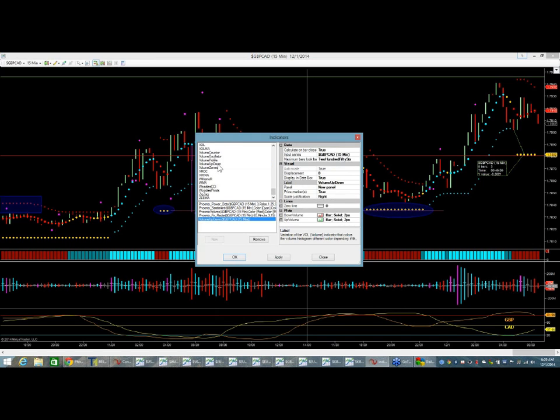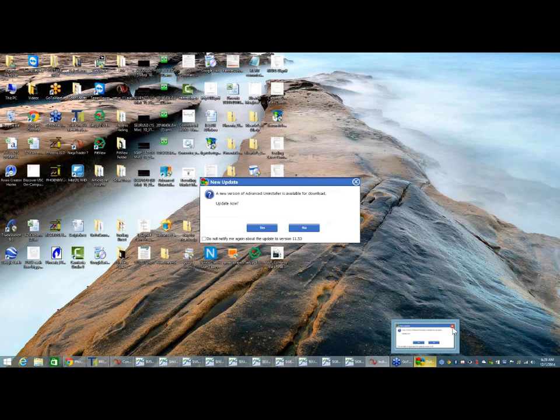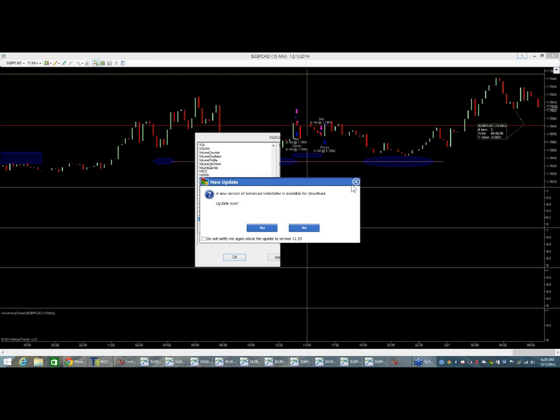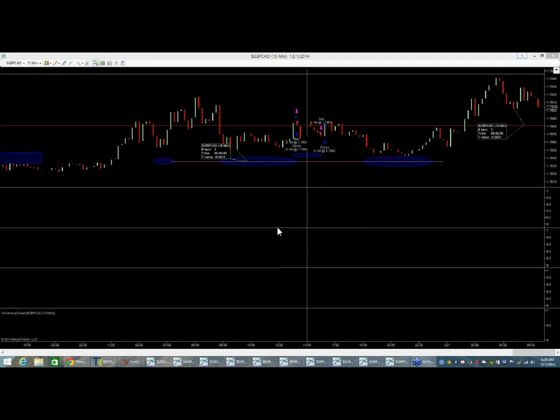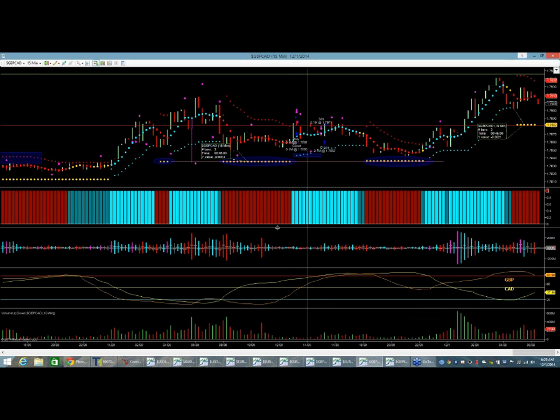Because bottom line is, if you depended on the regular volume indicators out there, then you would literally not be able to take these trades, because you'd never understand why they're doing that.